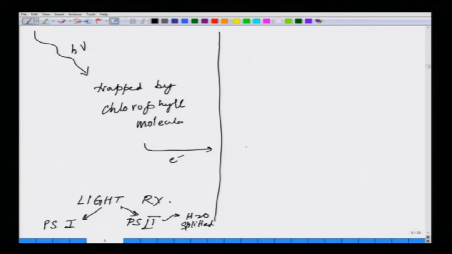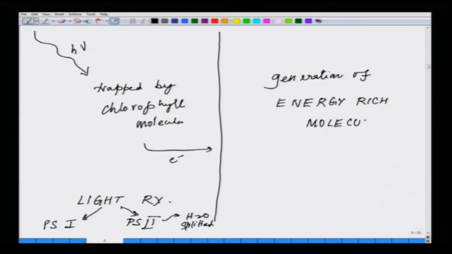And this whole electron transfer leads to generation of energy-rich molecules, which is essentially the carbohydrates. Okay?